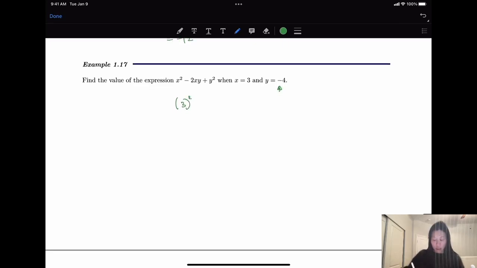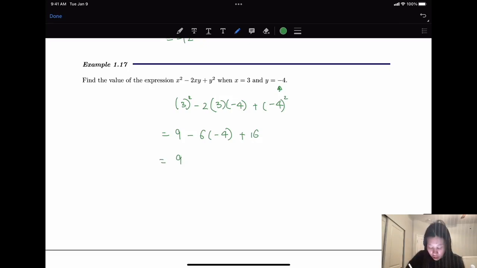So I have 3 squared minus 2 times x, which is 3 now, times y, which we substitute with -4, plus -4 squared. Now we have 3 squared, which is 9, minus 2 times 3, which is 6, times -4, plus -4 squared, which is 16.